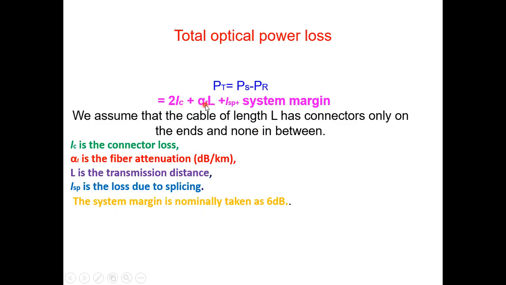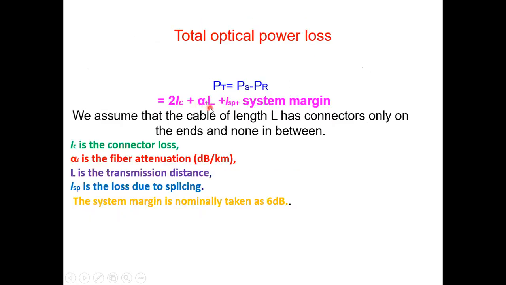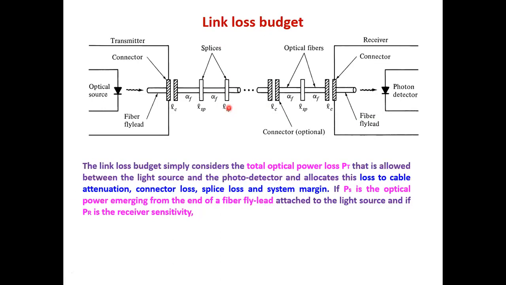Cable loss is alpha FL, and you know it is in dB per kilometer, so alpha F will vary according to the length of the fiber. So the connector loss makes 2LC, then the cable loss, which is alpha FL, and the splicing loss. We will add all the splicing losses, LSP, LSP, LSP, as many splices as there are, every splice will contribute to the loss.